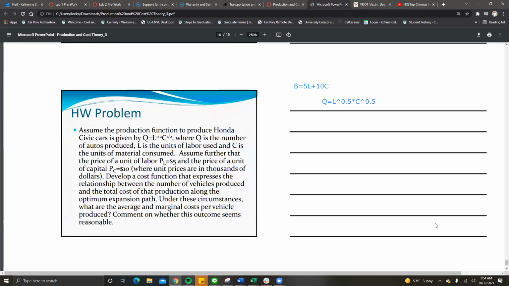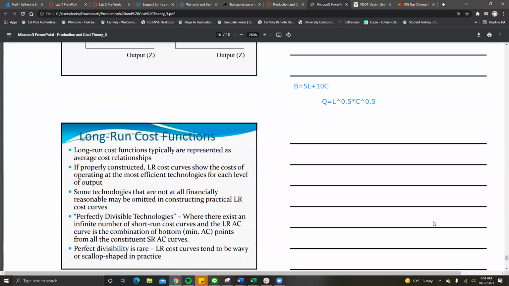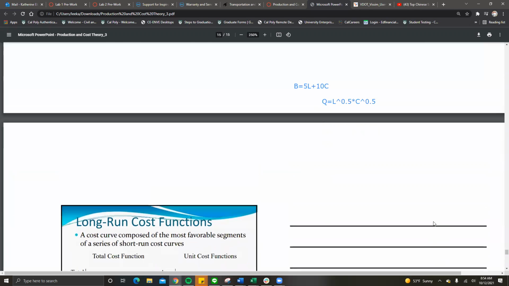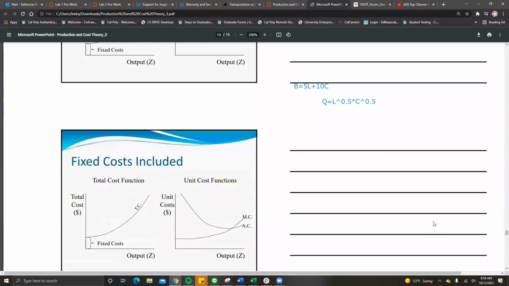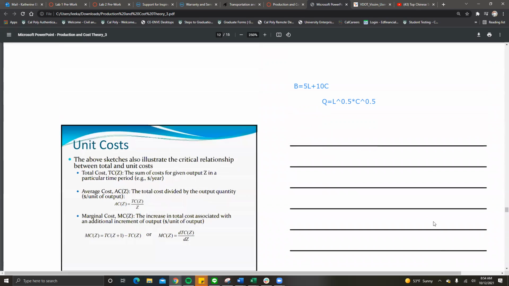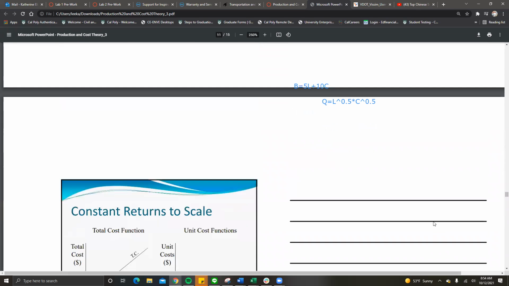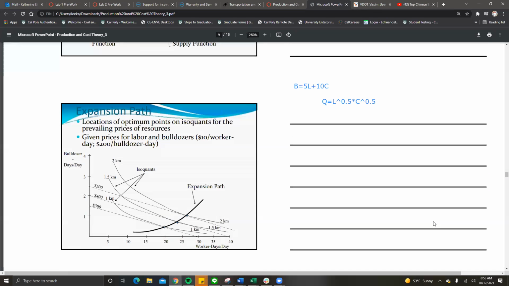If you can go up on the slides here. I want to go to where we actually created the expansion path, not here. Page up, page up. Further. This is what you want to create.